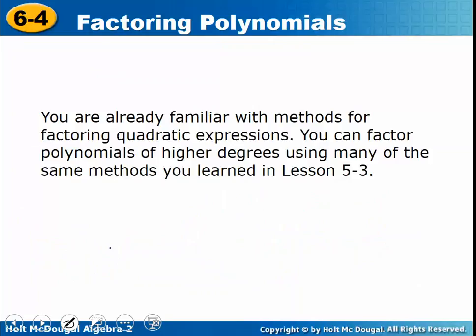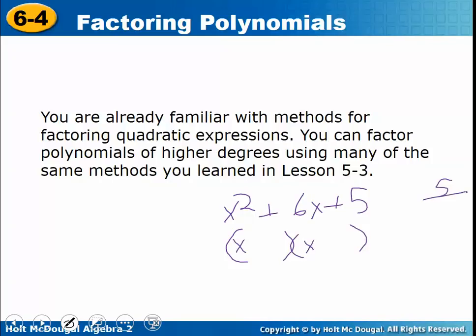All right, so we've done plenty of factoring in the last chapter. We did, like if you had x squared plus 6x plus 5, we could factor that with like the opposite of FOIL. We would say we need an x and an x, and the factors of 5 that would add together to get 6 would be 1 and 5, so I put plus 1 plus 5.